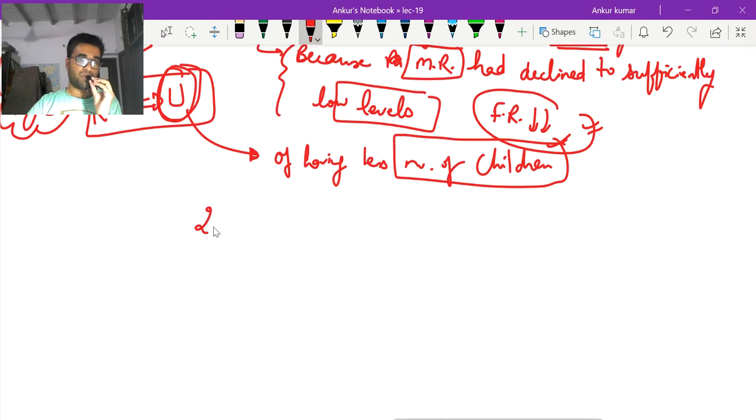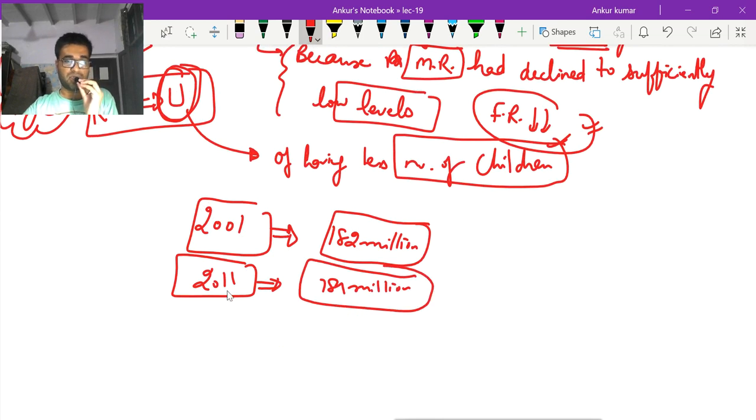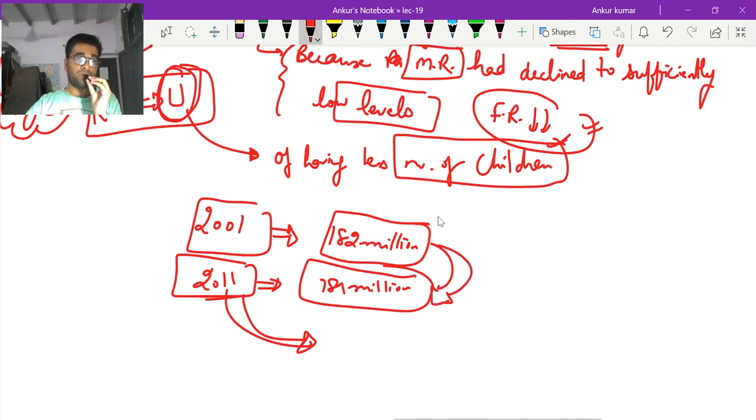In 2001 we added 182 million people, but in 2011 we added 181 million people. So for the first time in the 2011 census, we can definitely say there are not just signs of reduction in population growth, but visible patterns, as we can see in the aggregate number of people added to the population, right?